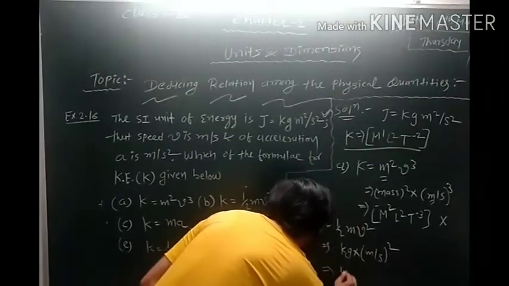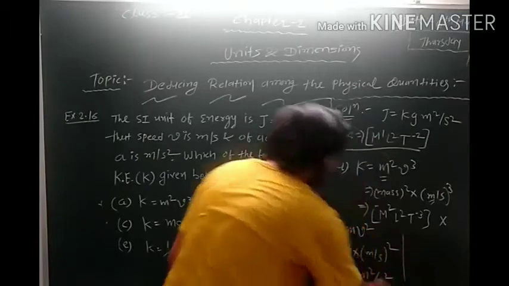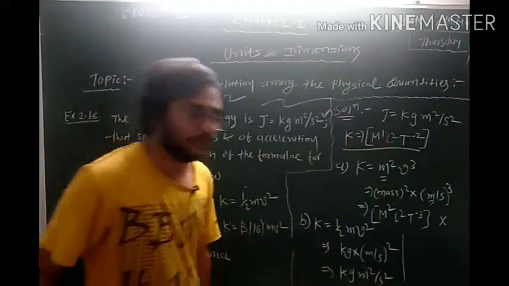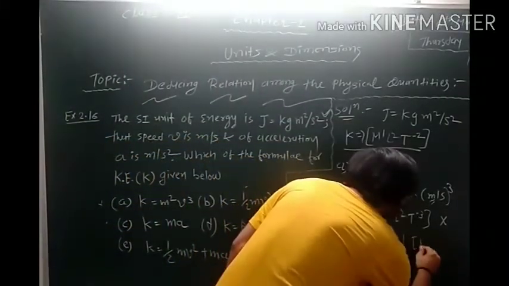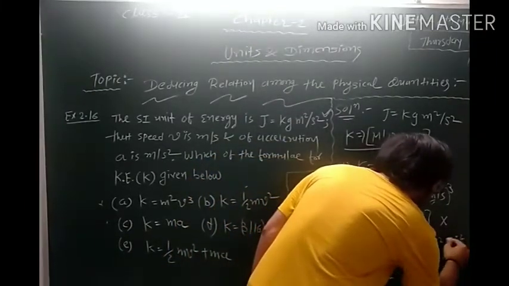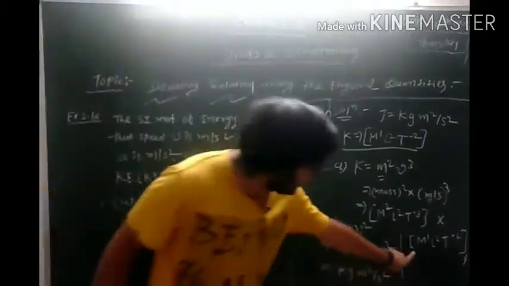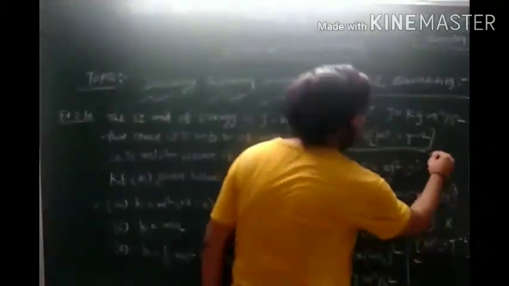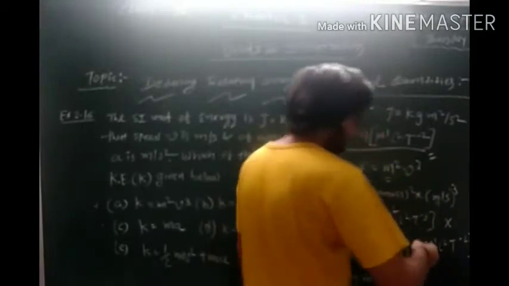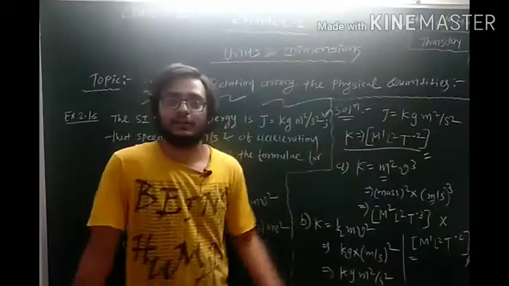That gives kilogram meter square per second square. The dimensional formula of this equation is M1 L2 T raised to minus 2. So this equation is dimensionally correct and matches the given equation.